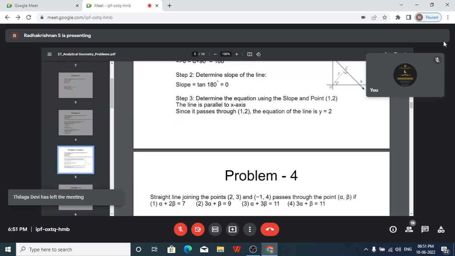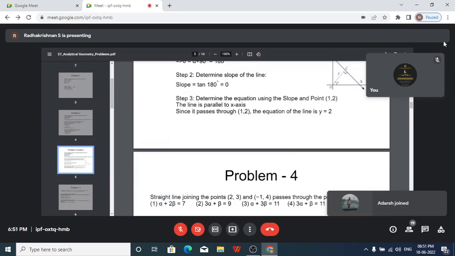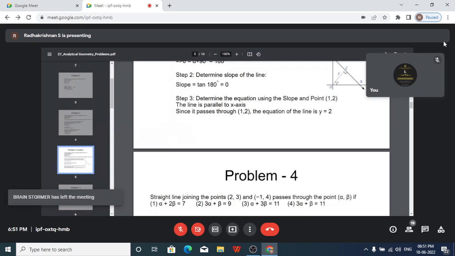Sir, I think it's option 3, sir. Option C, alpha plus 3 beta equals 11. I think that is the correct option. Explain how you solved it, just tell us the steps. Shall I turn on my camera and show, sir? Okay, fine.